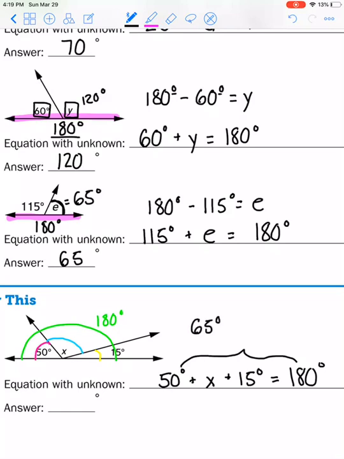So 65 plus x equals 180, or 180 minus 65 degrees equals x. And if I subtracted 180 minus 65, I would get 115 is this blue angle here, which is x.